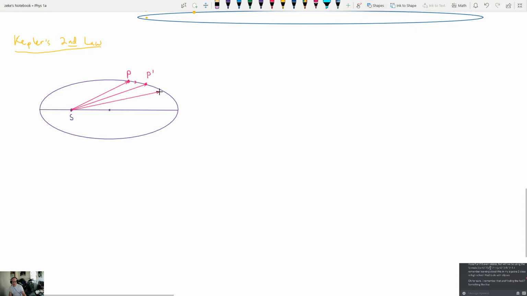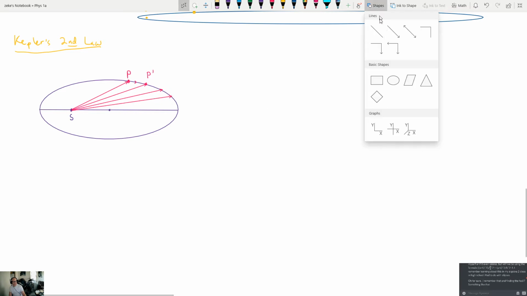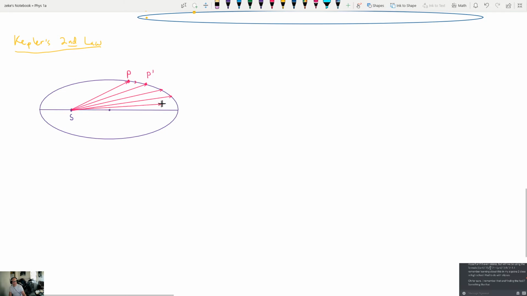I probably have to draw several more. So let's just draw a few of these. Trying to be as accurate as I can with this here. It's not super easy. Okay, so this is what Kepler's second law says.